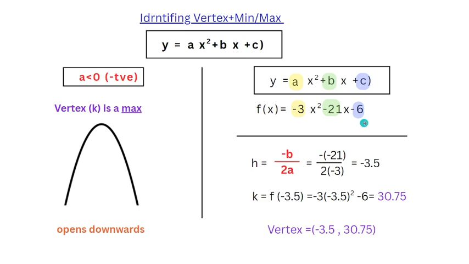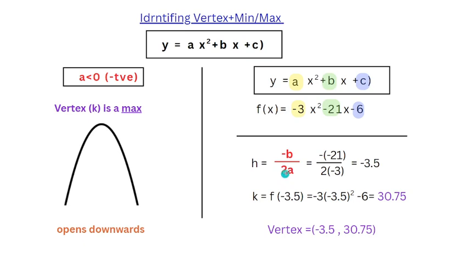How do we get h, the x of the vertex, from this equation? From this equation, h equals negative b over 2a. Where is b? It is the coefficient of x. What is a? It is the coefficient of x squared.